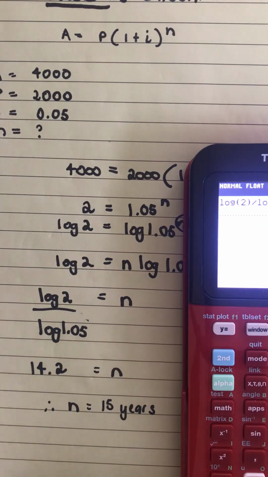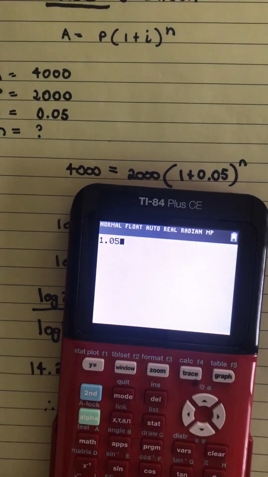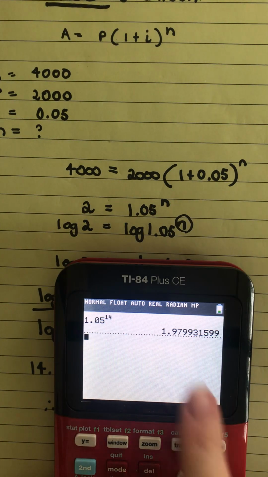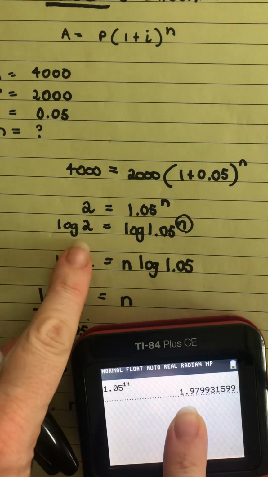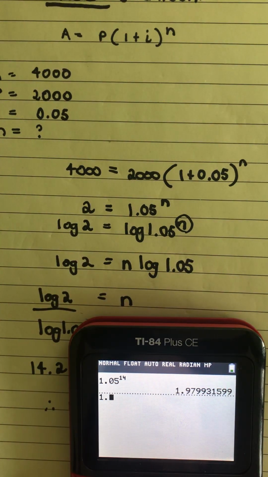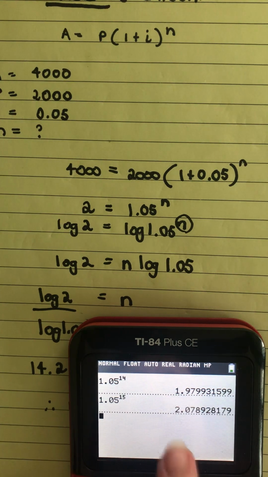So if we put in that 1.05 to the power of 14, see how we're only at 1.97? We haven't gotten to that 2 yet that we were after. When we put in the 1.05 to the power of 15, you'll see we've now got to 2.07, which is now over 2.